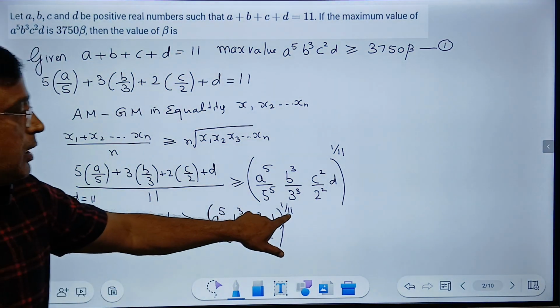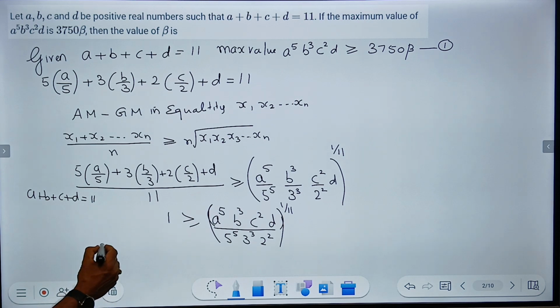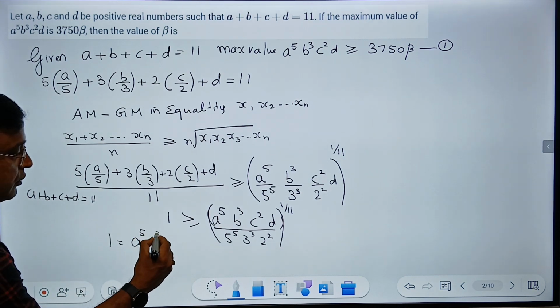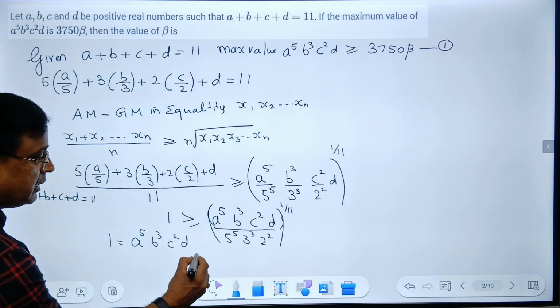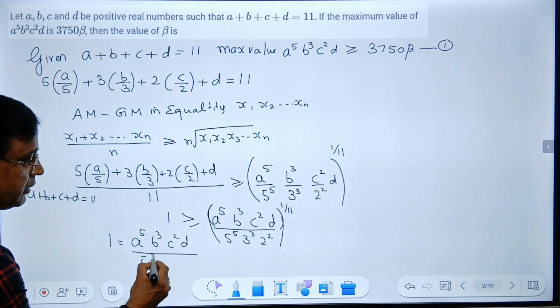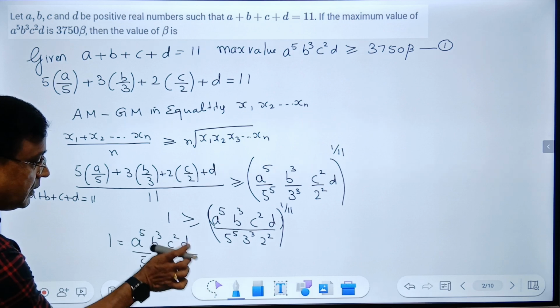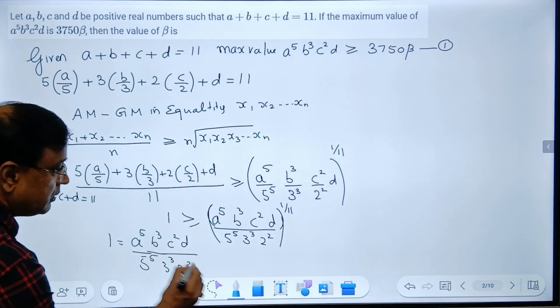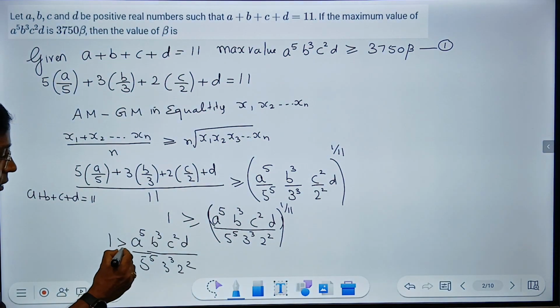Now raising it to the 11th power, what will I get? I'll get 1 greater than or equal to a power 5 b cube c square d divided by 5 power 5, 3 cube, 2 square. Not equal to, it's greater than or equal to.